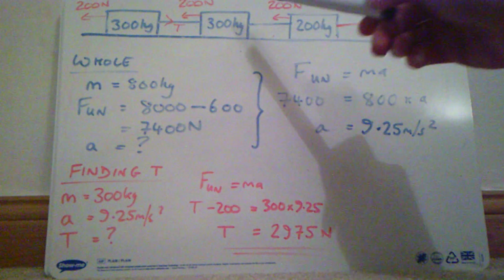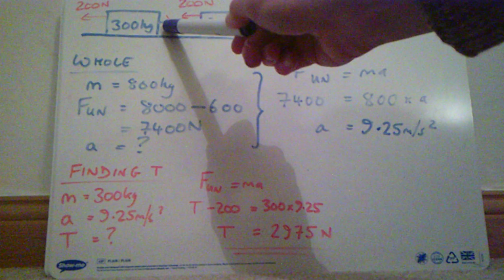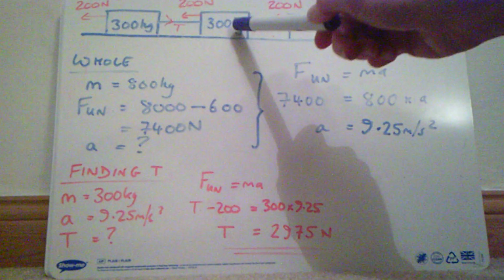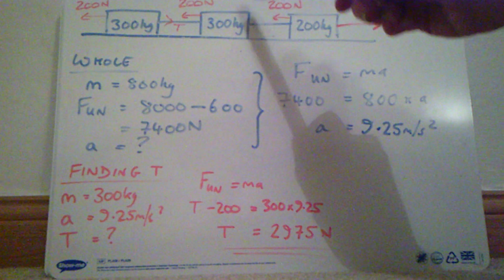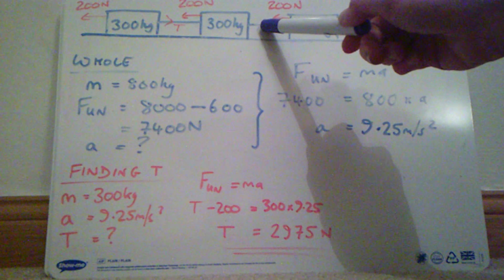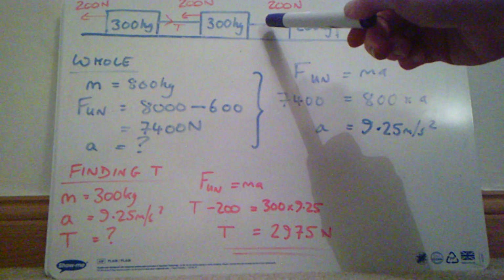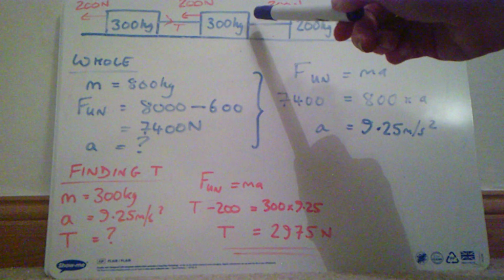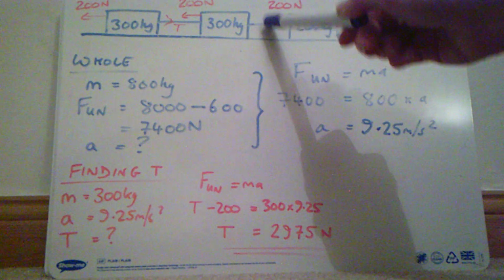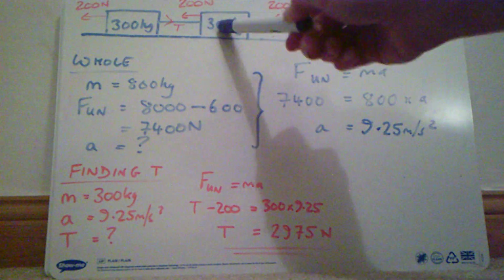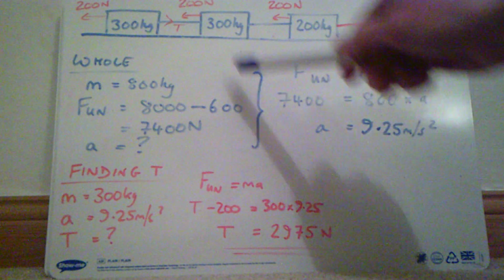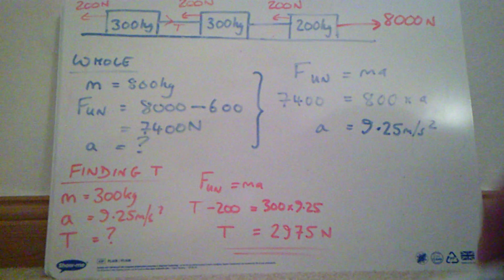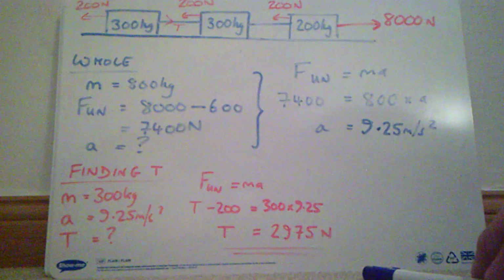But if we had been asked to find the tension here, not there, but here, then the mass number we would have put in is 600, so 300 plus 300, because this connector here would be pulling a total of 600 kilograms. As the tension in a particular link depends on the total mass which that link is pulling. So if we were finding the tension in this link, it would be that much mass plus that mass. Whereas as it is, we're just finding the tension in this link, and it's just pulling 300 kilograms. So that's why I've got 300 kilograms. Anyway, F_un = ma, stick the numbers in, answer comes out.